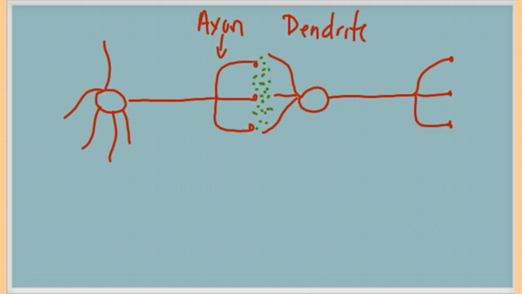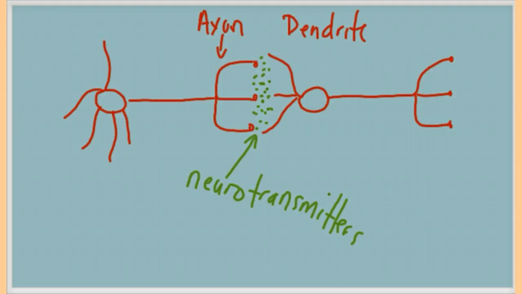Alright, I'm going to write that word here. Neurotransmitters. So these are neurotransmitters that are released from your axon with the chemical messages, and then it transfers them to your dendrite. Your dendrite now picks it up and carries it through, and then sends it off to another cell. So that is how the messages are carried.